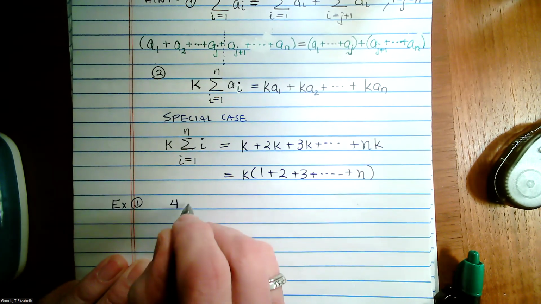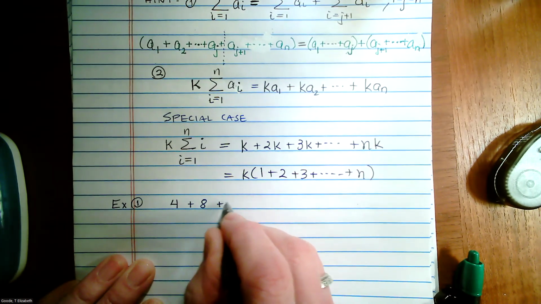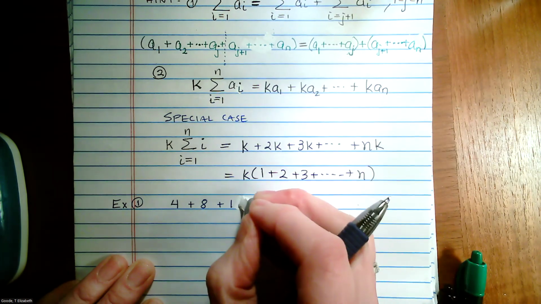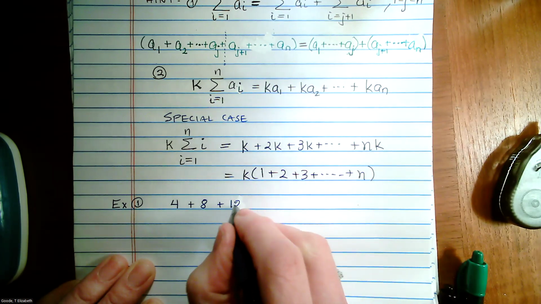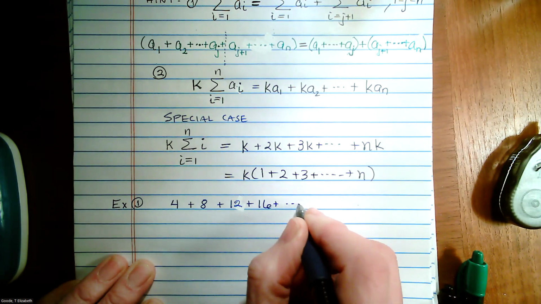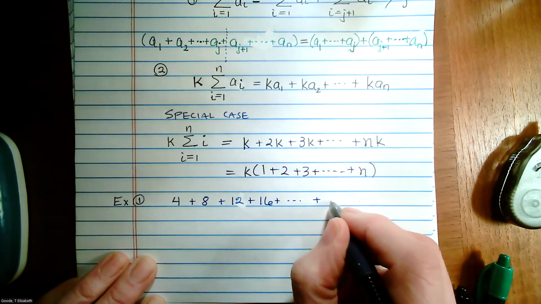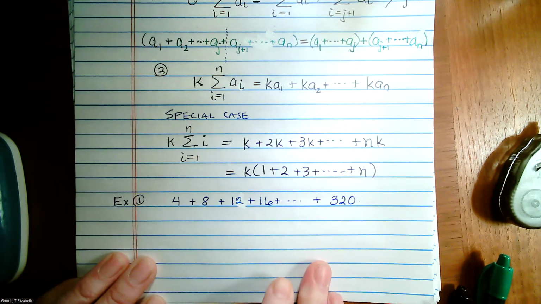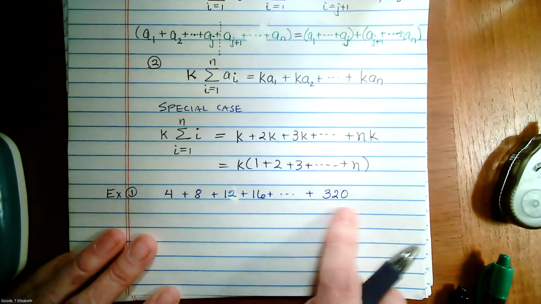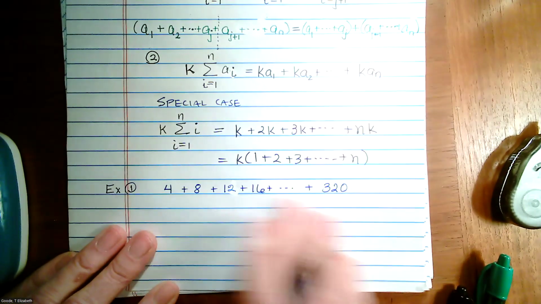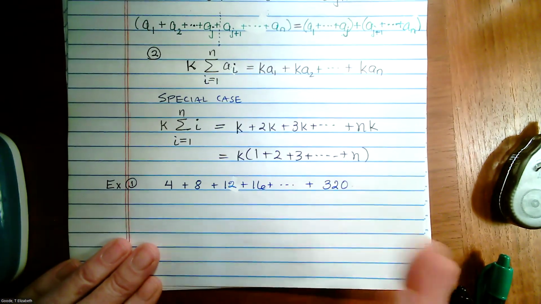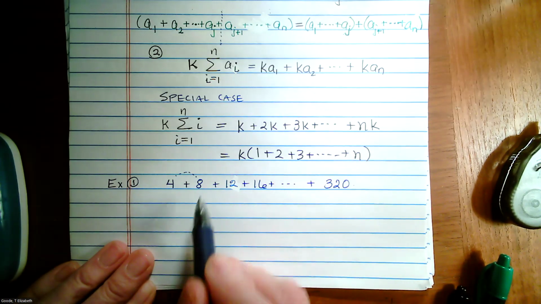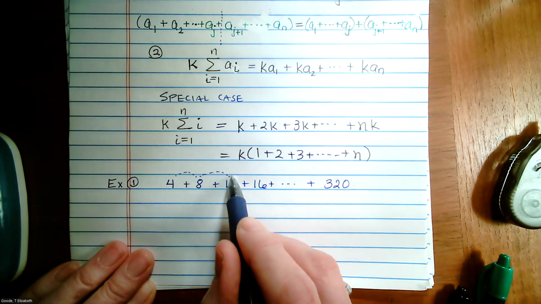If we have 4 plus 8 plus 12 plus 16 plus keep on going up to, I don't remember what it was, but we'll just say some number that's bigger than 16. What we can do is recognize that we're jumping by jumps of size 4 between the terms. Do you see that?